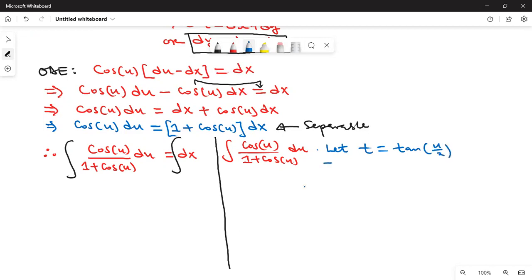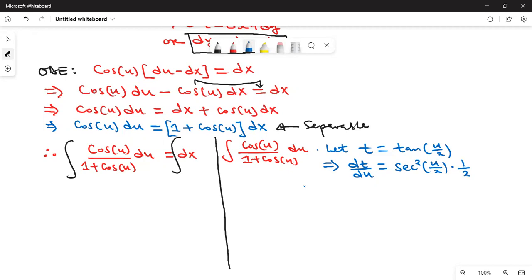So when you differentiate both sides with respect to u, you get dt du will give us the derivative of tan, which gives sec squared of u over 2, times the derivative of u over 2, which is 1 over 2.